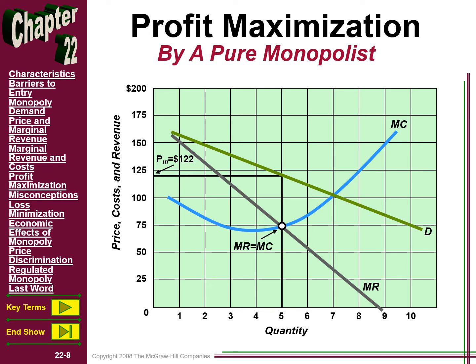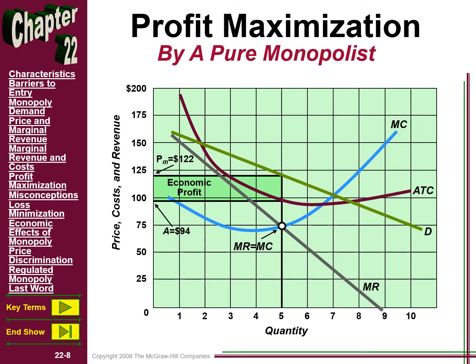However, it can raise price above that point, the white point, all the way up to where Q5 intersects with demand. They can charge the price of 122, right? So if we look and say, okay, this monopolist's average total cost per unit at this level of output is 94.